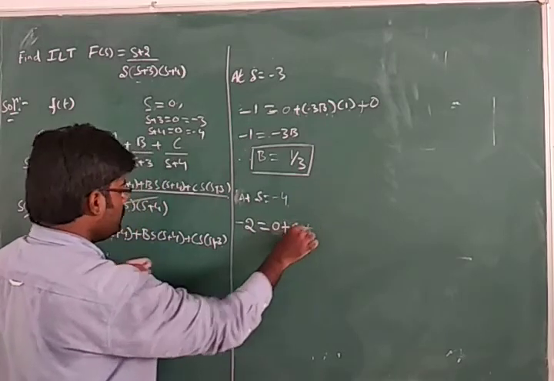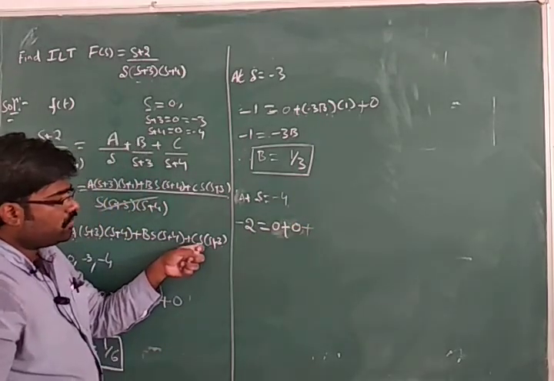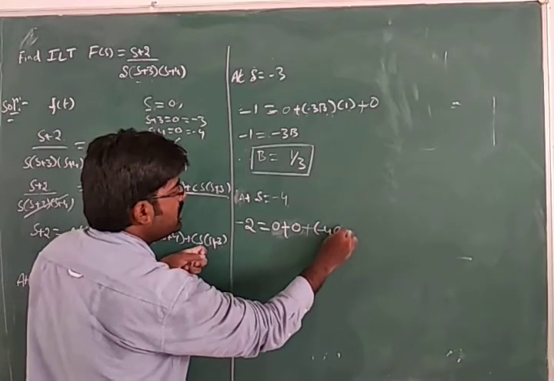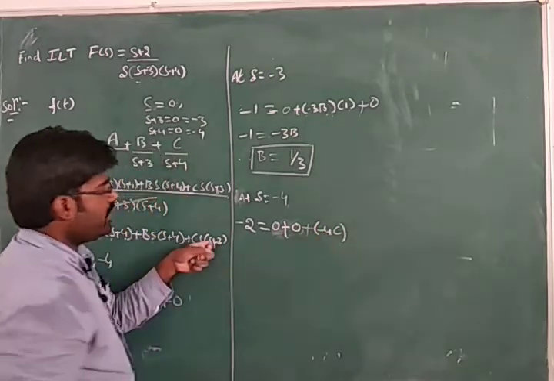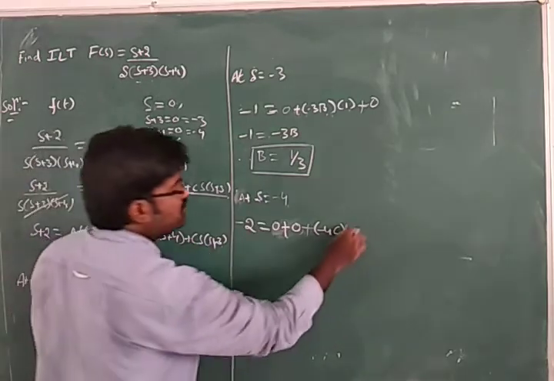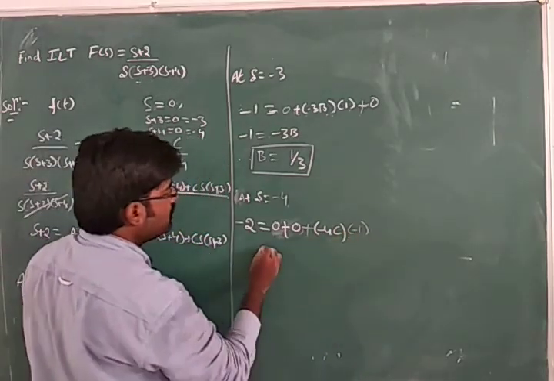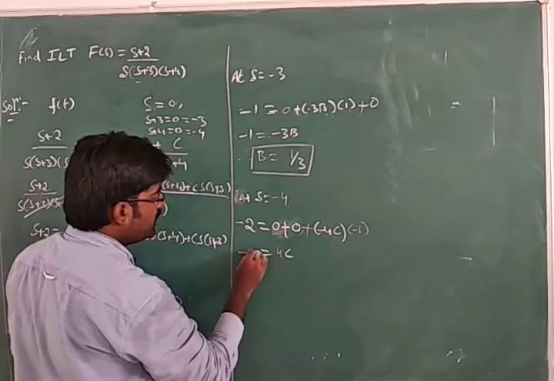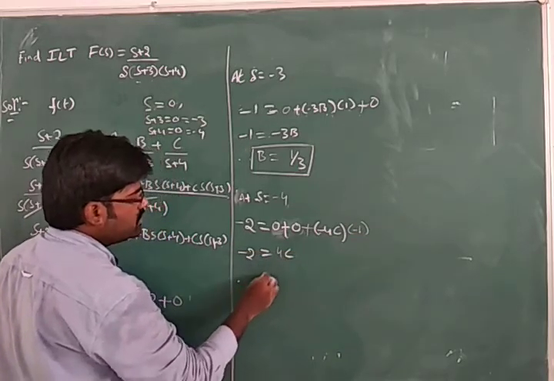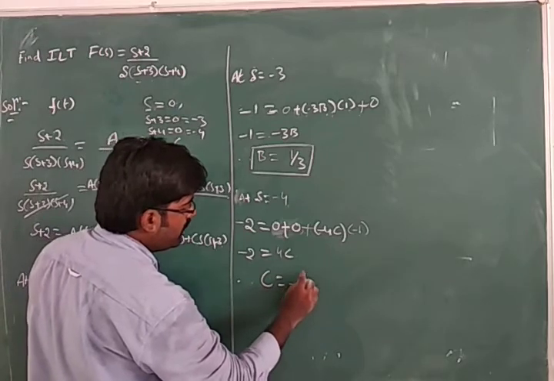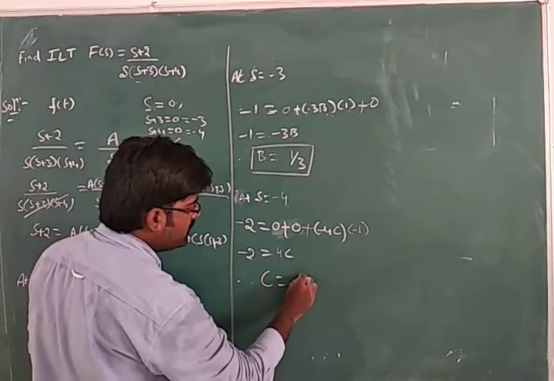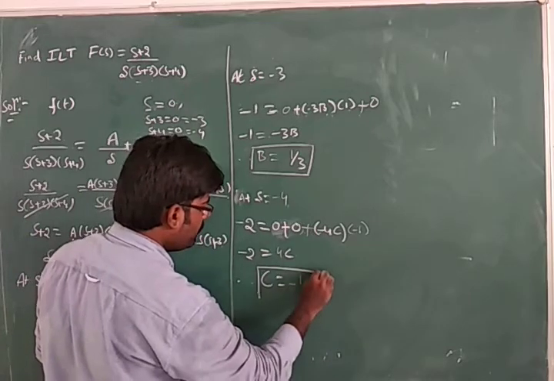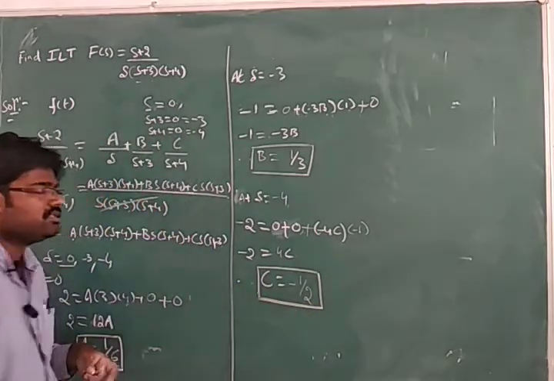Then here, c into -4 is -4c, and -4 plus 3 is -1. So minus into minus is plus, so you will get 4c = -2. Then what is the value of c? c is equal to -2/4, which means -1/2. So this is the value of c.